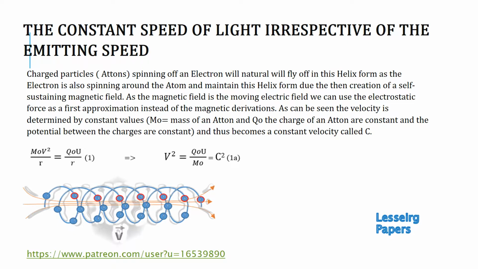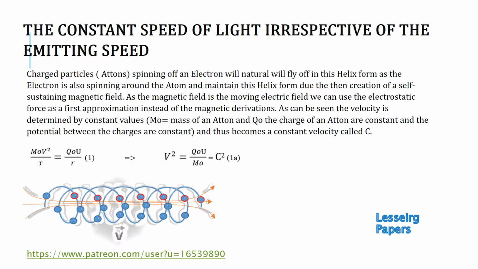So on the right-hand side of Formula 1, I have the centrifugal force: the mass of the atom, m0, times the velocity squared divided by the radius of the flying particle in this helix. And that is counterbalanced by the electrostatic force, which is the charge times its potential, divided again by R. As we can see, R cancels out.